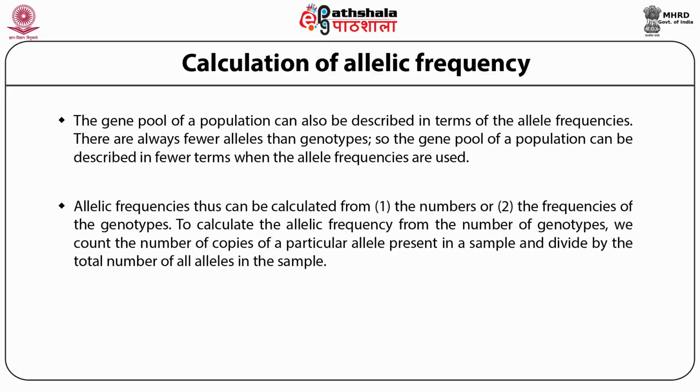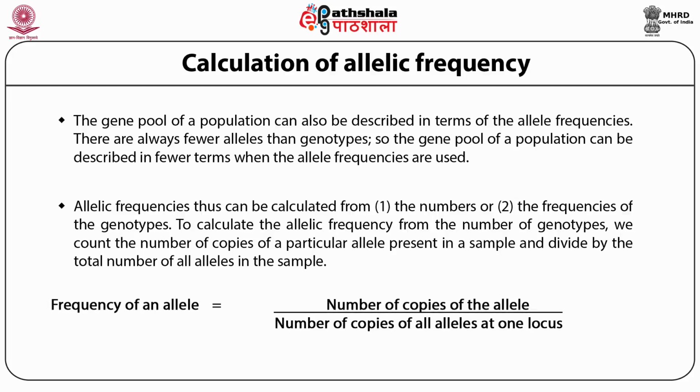The formula can be displayed as: frequency of an allele is equal to the number of copies of an allele divided by the number of copies of all the alleles at one locus.